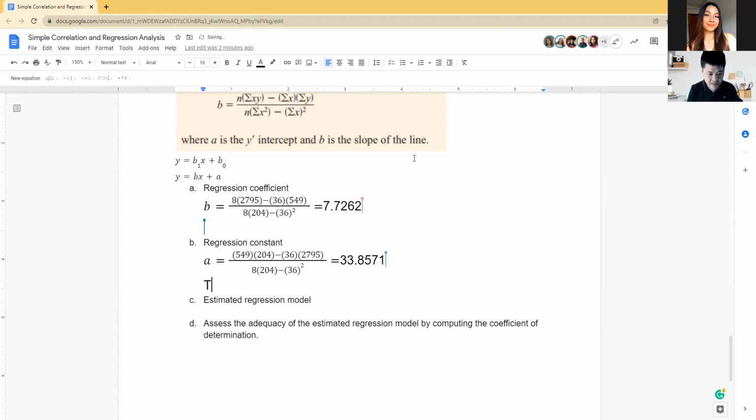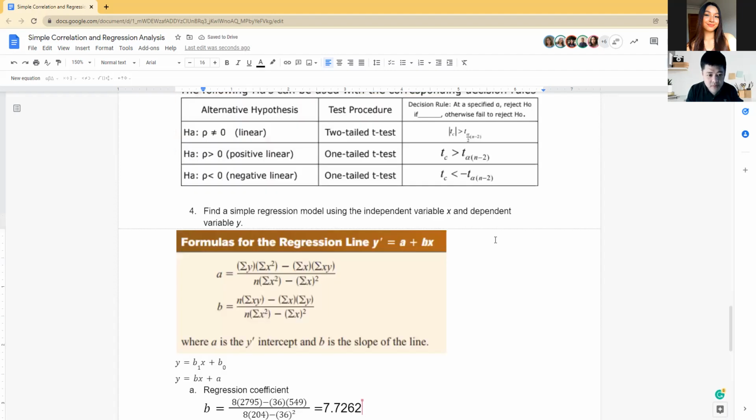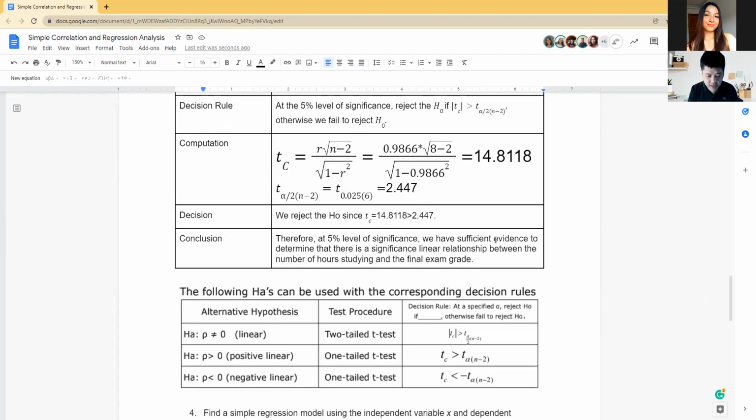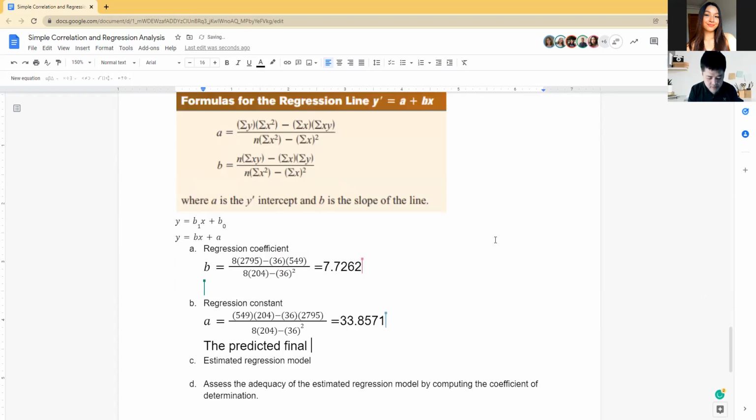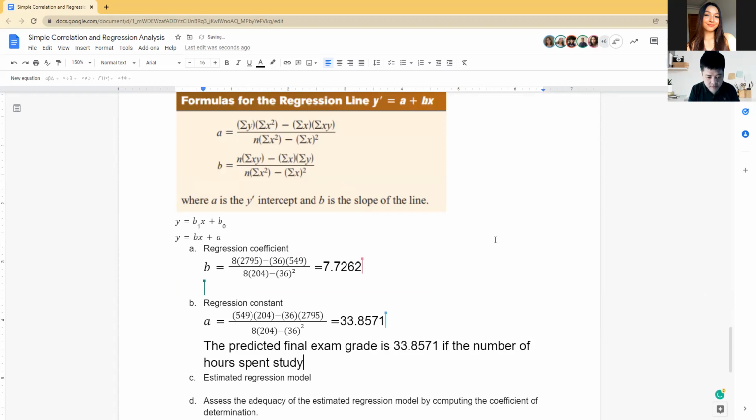So this is the predicted, ano nga yung y natin? Exam grade, no? The predicted final exam grade is 33.8571 if the number of hours spent studying is 0.